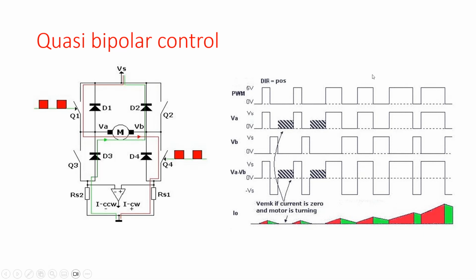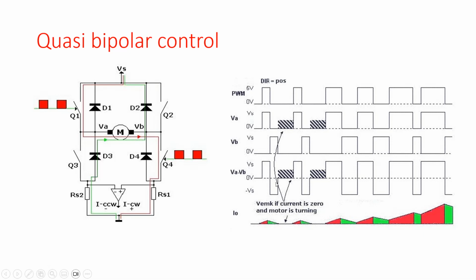So in that case, VA minus VB has a negative voltage, which is the same situation as in the bipolar control operation. The only thing that is different is at low values of the PWM, because there is still the possibility, just like in the unipolar control situation, that the current drops to 0, and in that case there is no current flowing anymore through these diodes. So these diodes are not conducting anymore, and VA and VB are floating.